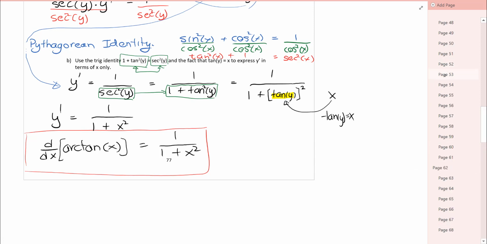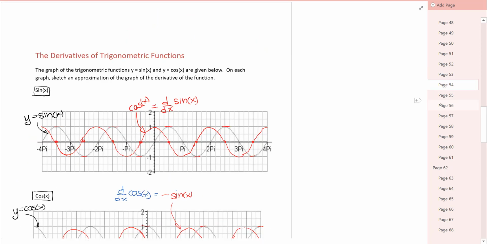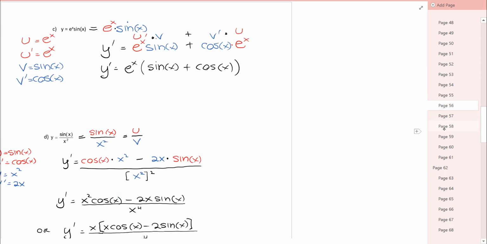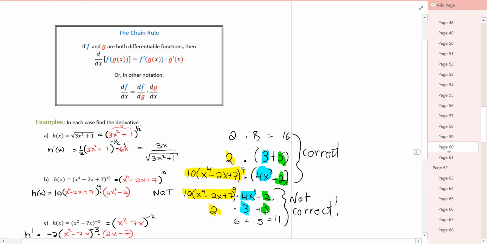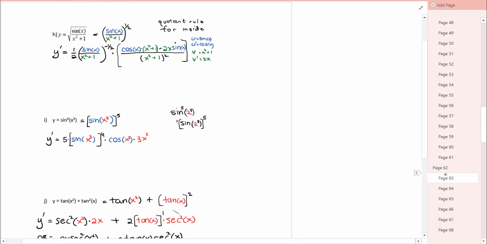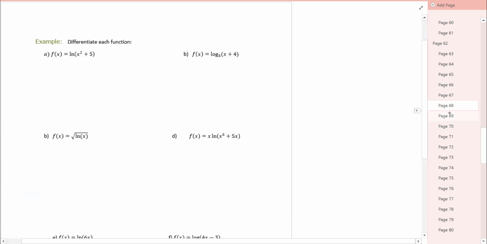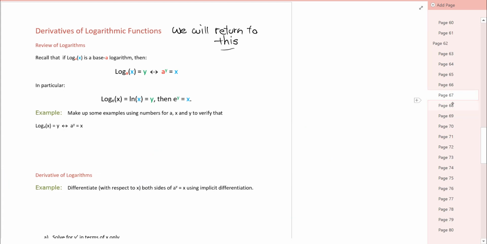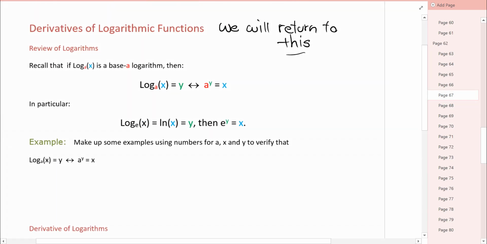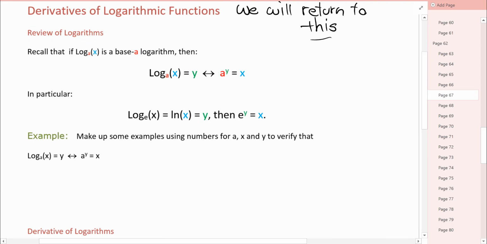Remember I had the pages in the wrong order? Okay, this is the one that said we'd return to this. Well, it doesn't matter that we did the derivative of arctan first before logarithm. One doesn't depend on the other.